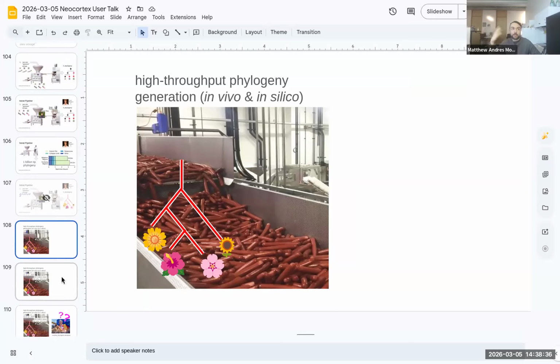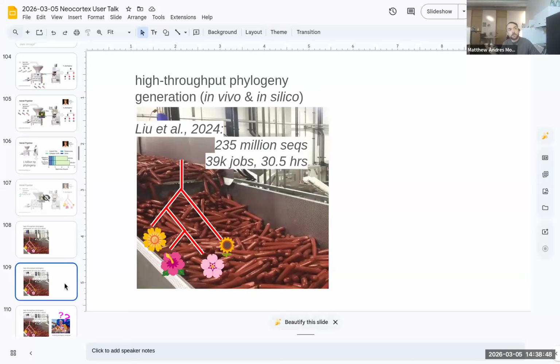We've got this sausage making machine, and now we need to figure out what to do with a billion tip phylogeny, what to do with all these sausages that are coming out of our machine. And this is not just a problem that's arising in this in silico route where we're generating these large synthetic phylogenies, but there's really exciting bioinformatics work being done that's also generating very large phylogenies.